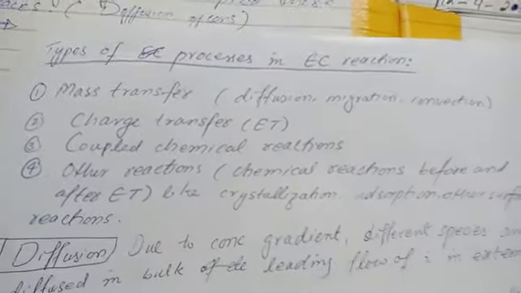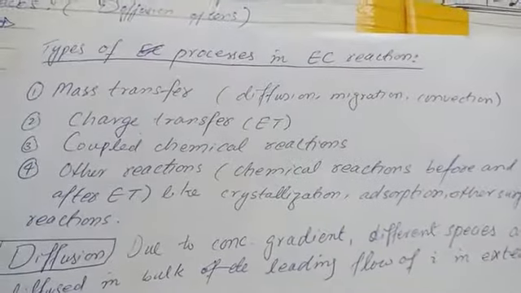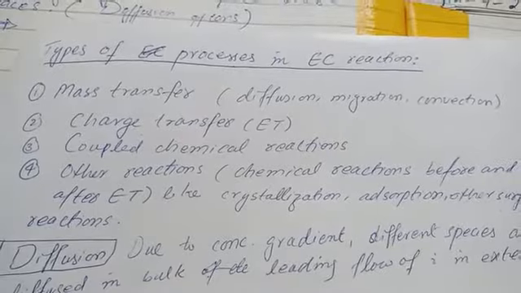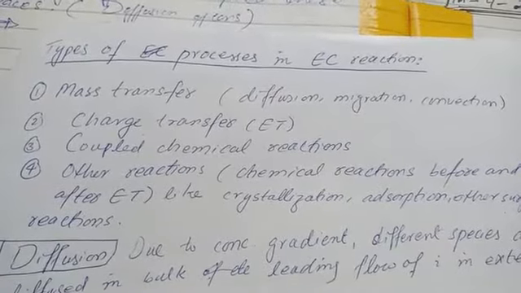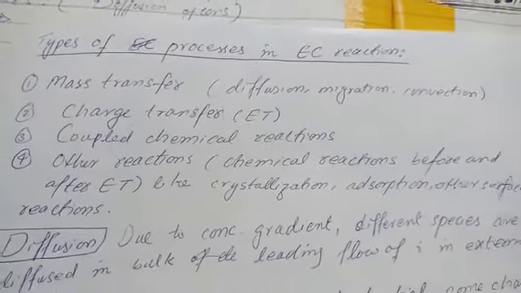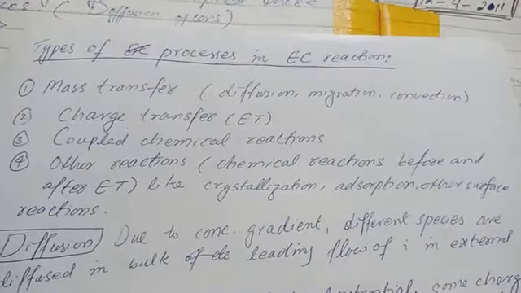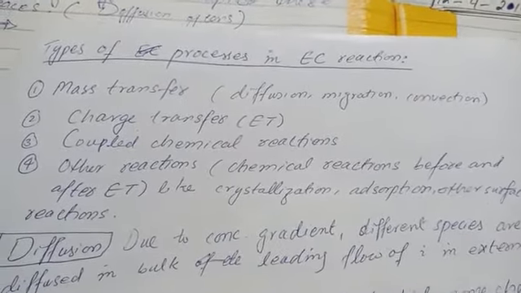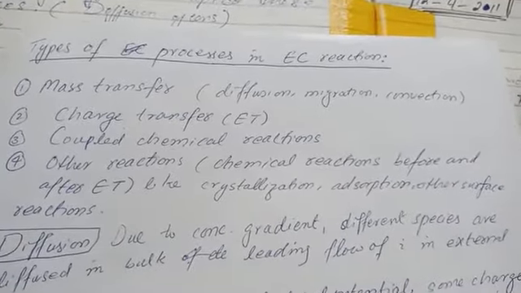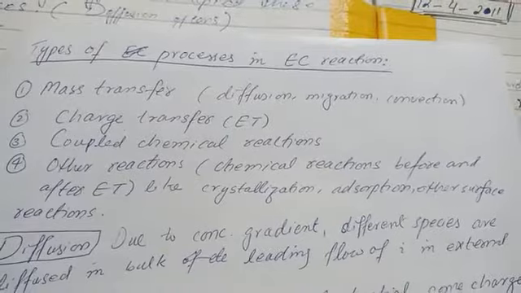These impurities can also be involved in coupled chemical reactions. These chemical reactions should also be suppressed to study the electrode kinetics. And the fourth one is other unimportant chemical reactions, like chemical reactions before and after electron transfer at the interface, like crystallization, adsorption and other surface reactions.